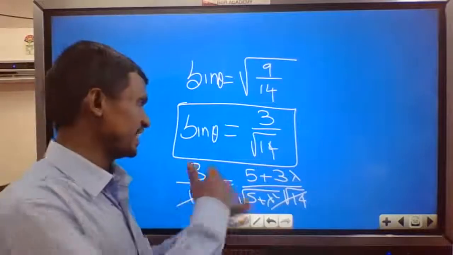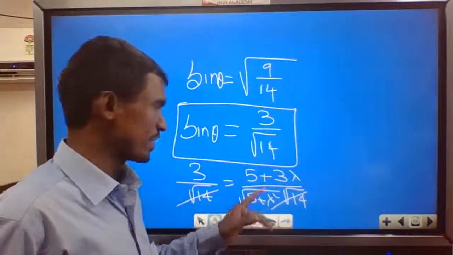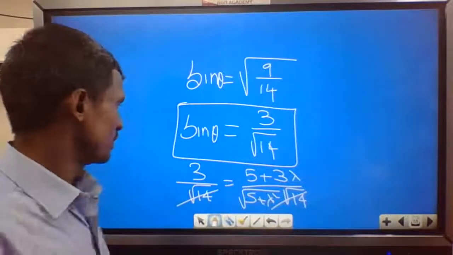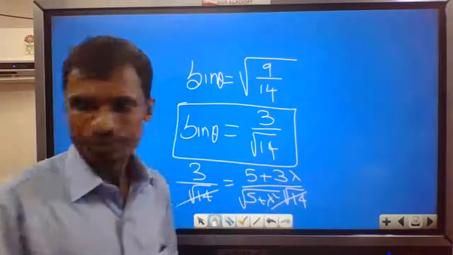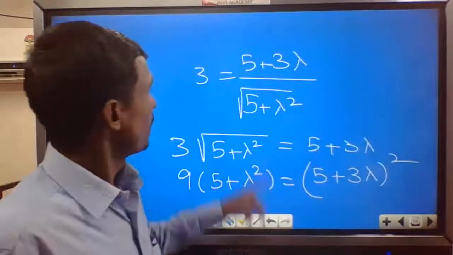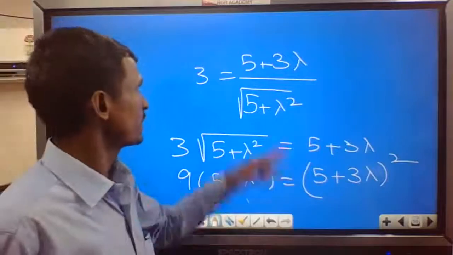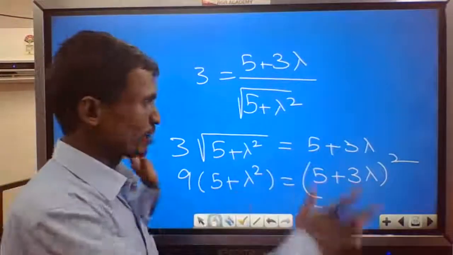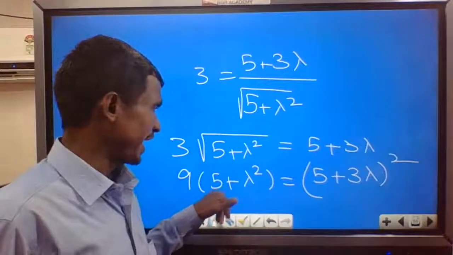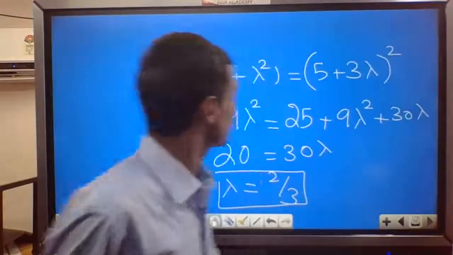Now we can apply the sin theta value. 3 by root 14 equals (5 plus 3 lambda) divided by root of 5 plus lambda square, times root 14. So root 14 cancels, and 3 equals (5 plus 3 lambda) divided by root of 5 plus lambda square. Cross multiply and square both sides: 9 into (5 plus lambda square) equals (5 plus 3 lambda) whole square.